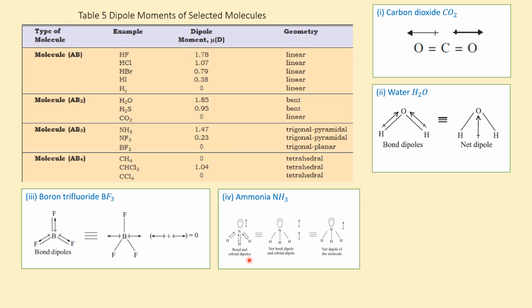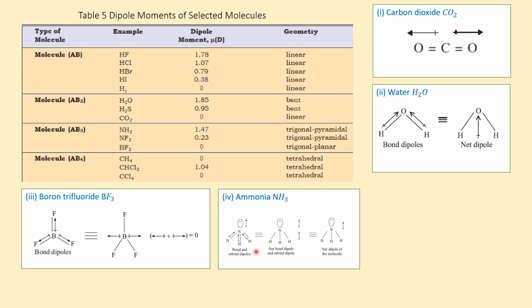In addition to three NH bonds, the nitrogen atom has a lone pair. This upper one is a lone pair of electrons, which also has an orbital dipole moment in which the electron pair is the negative center. So this is the negative end and the upper one is positive.